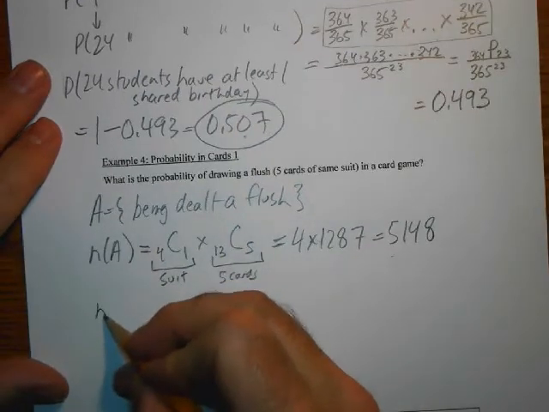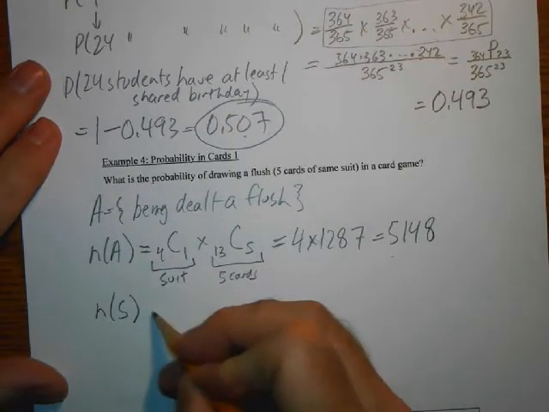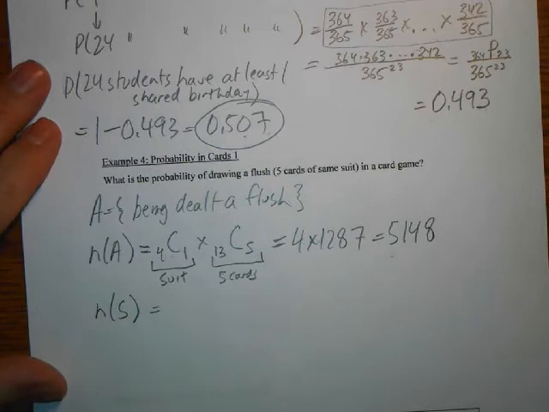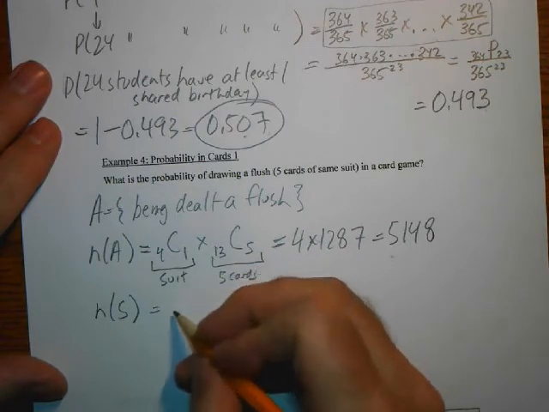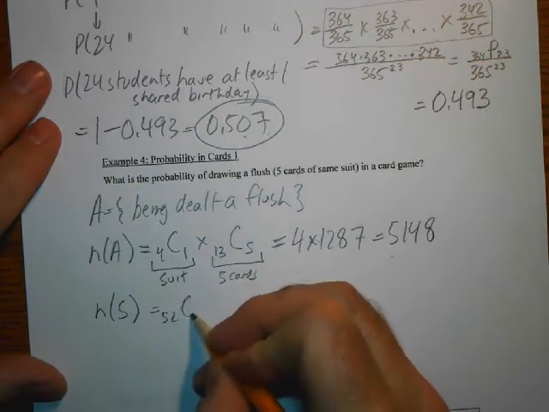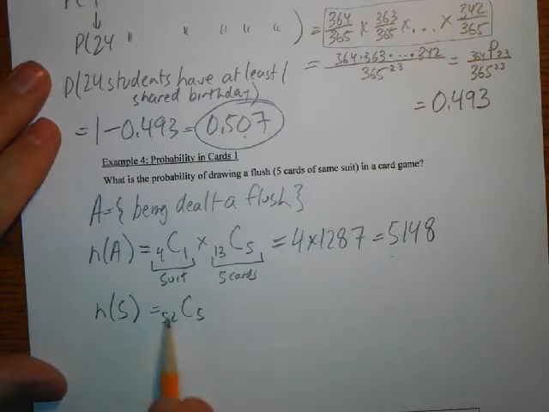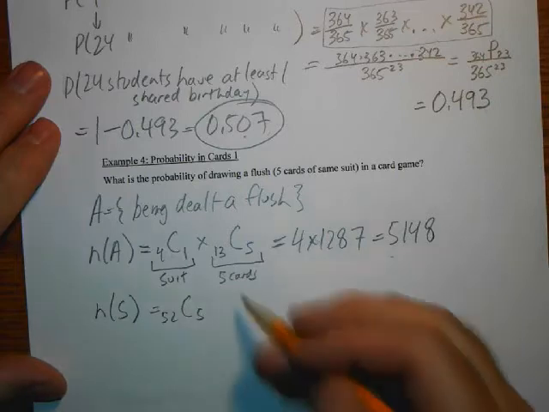And then we want to know NS. So in this case, NS is what are the total number of hands that I could get? Just randomly 5 cards picked from a deck of 52, chosen from. So that's going to be 52 choose 5. Again, doesn't matter the order, choosing 5 cards from 52.